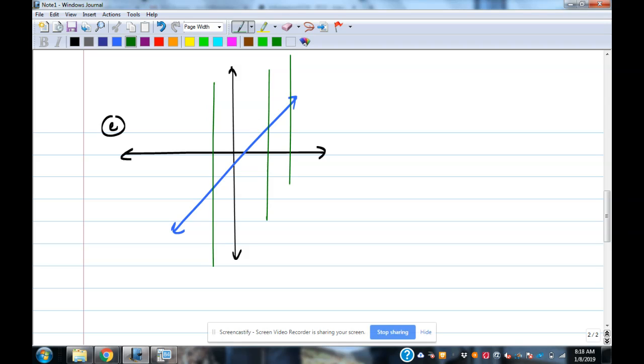Not a function, because what happens? Same x value more than once, okay? So this one passes the vertical line test, which means x's don't repeat.